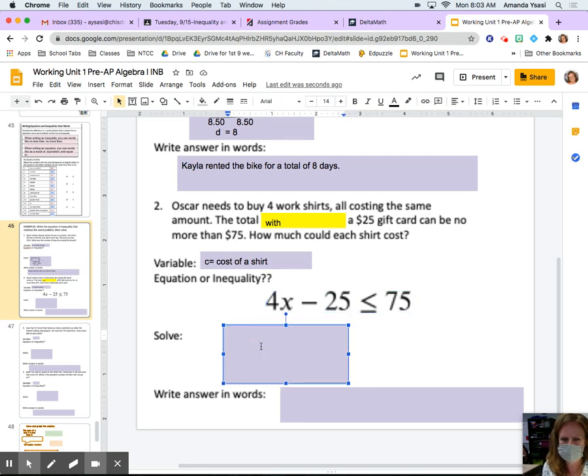All right, now we need to solve it. I'm going to change that to 4C minus 25 is less than or equal to 75. I could do this in Equatio, and it would be much prettier. Well, that takes more work.